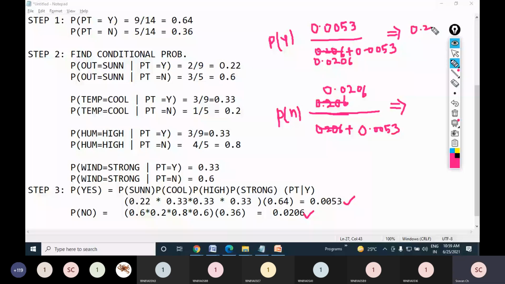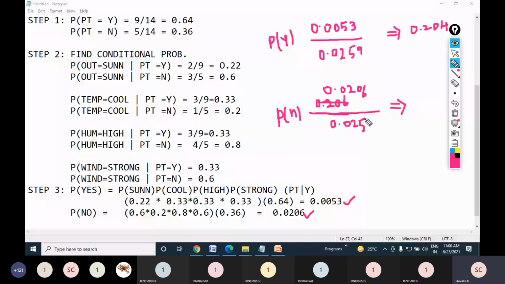Right? So this sum, what is the sum we got? I'll write it so that it will be clear for you. The sum which we got was 0.0259. Similarly, here it is 0.0259. Right? So now P of y we got it, P of n we will calculate.